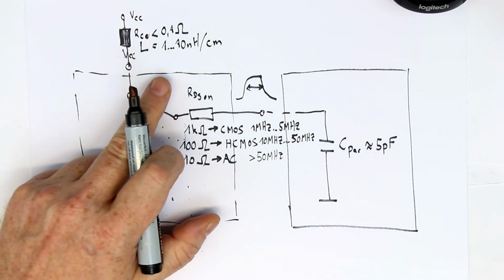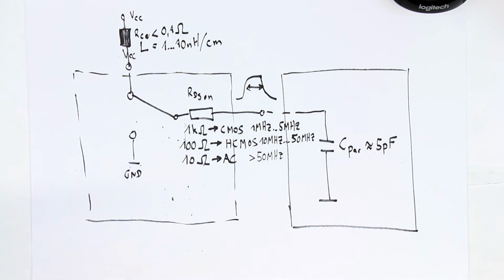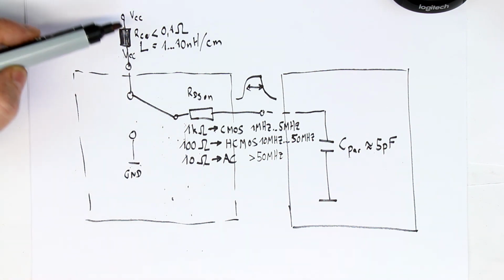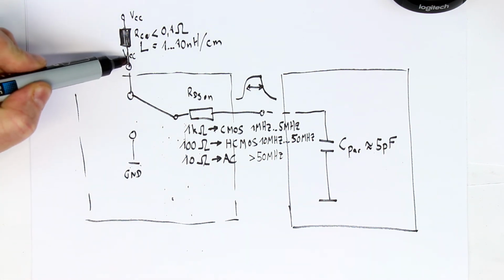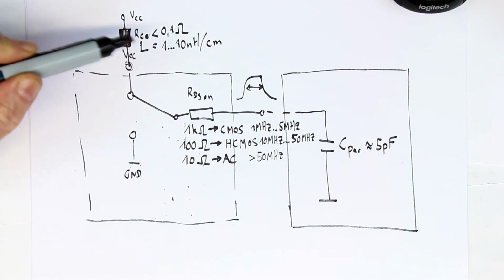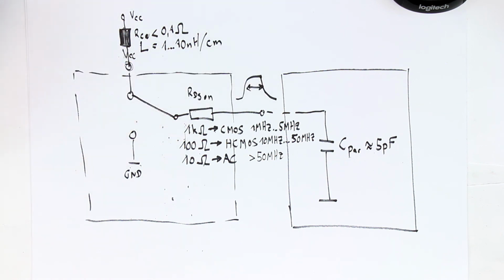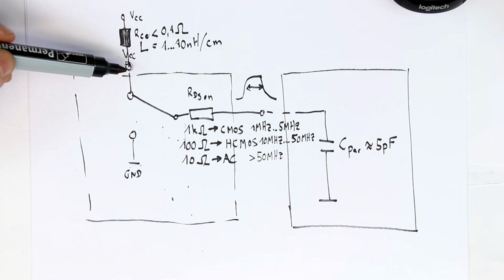And you might think, well, a few nanohenries, what can that do? Well, we'll look in the simulation at what a few nanohenries of inductance can do to your supply voltage, and in the end to your signal shape, and even to malfunctioning of your gates. So let's again go over to LTSpice and take a look.